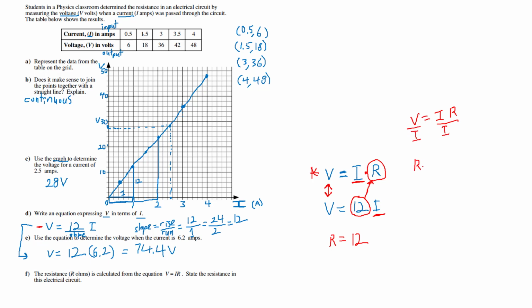In that case, R is equal to V over I, which, look at that, that's our rise over run, which we already did the work on over here, which is equal to 12, our slope. So the resistance of this circuit is 12 ohms. It's just fun drawing the omega sign there, really. There we have it.